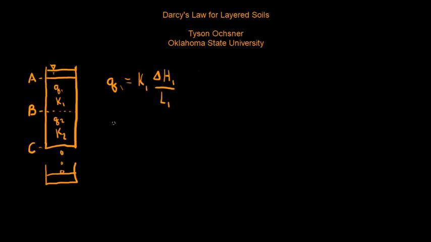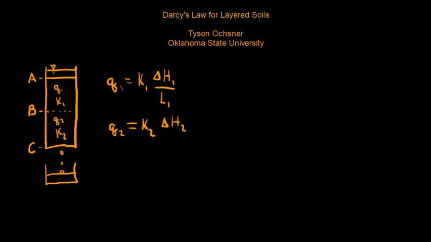So that's Darcy's law for the first layer. Likewise, we could write Darcy's law for the second layer down here, and we'll say Q2, the flux through the second layer, is equal to the hydraulic conductivity of the second layer, K2, multiplied by the hydraulic gradient across the second layer.